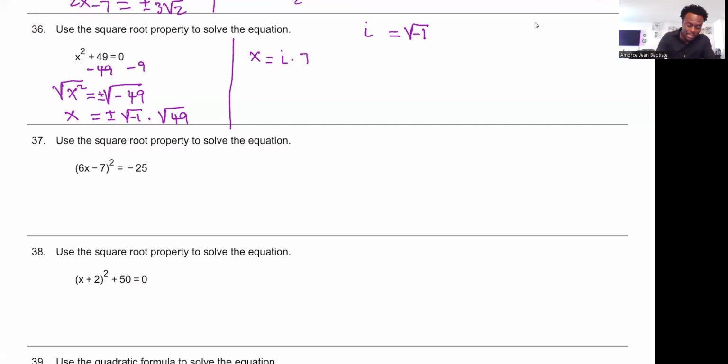Plus or minus, we will not forget it. You can see me forgetting it, but I will remember at some point anyways. So then x equals two values, 7i, or x equals -7i.